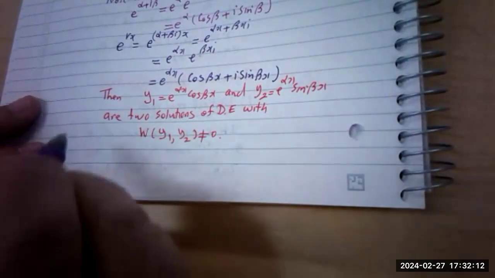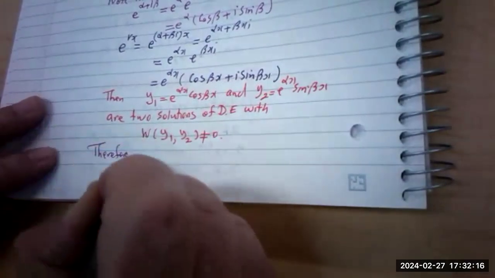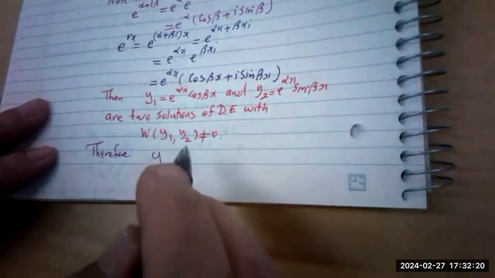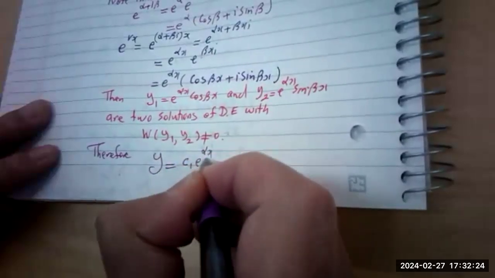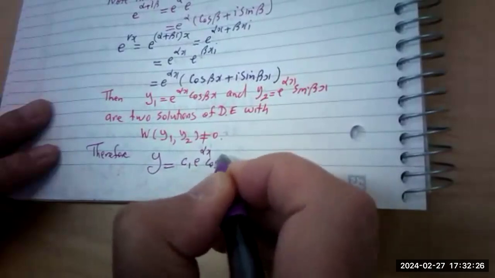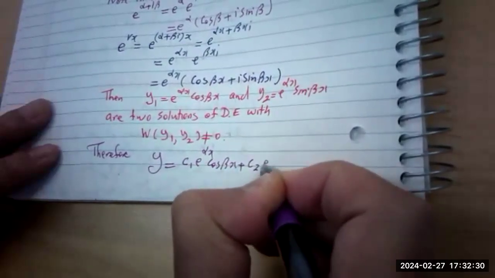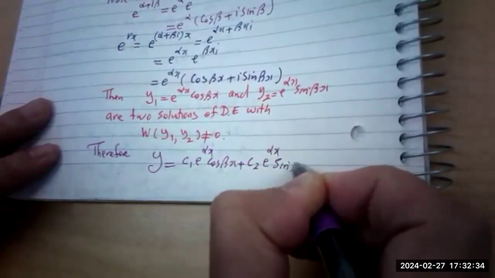Okay, so therefore the general solution of your equation is going to be y equals c1 y1 plus c2 y2: c1 e to the alpha x cosine of beta x plus c2 e to the alpha x sine of beta x.